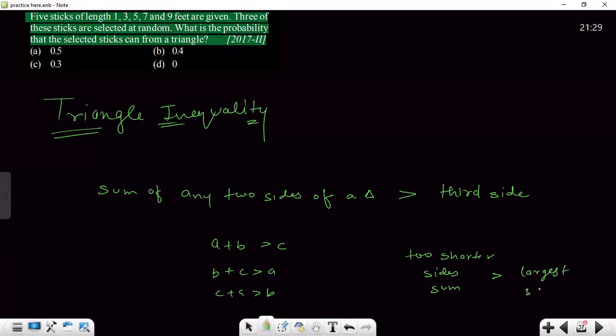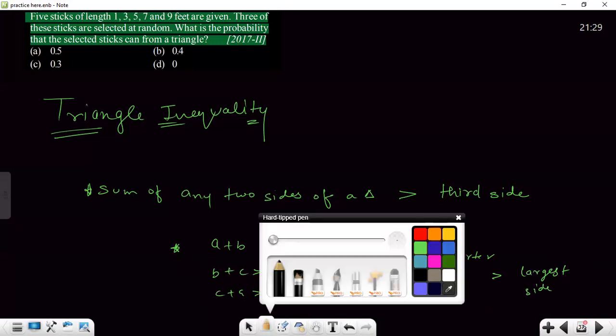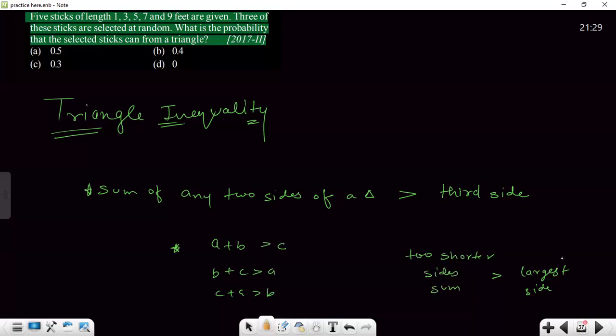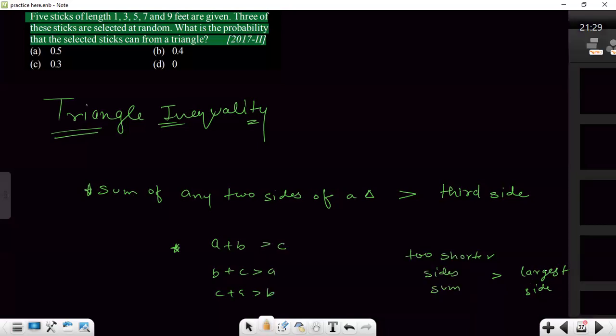Just to check, we consider this scenario. Otherwise, the original inequality is this. Is that clear? Yes, sir. Yes, great.